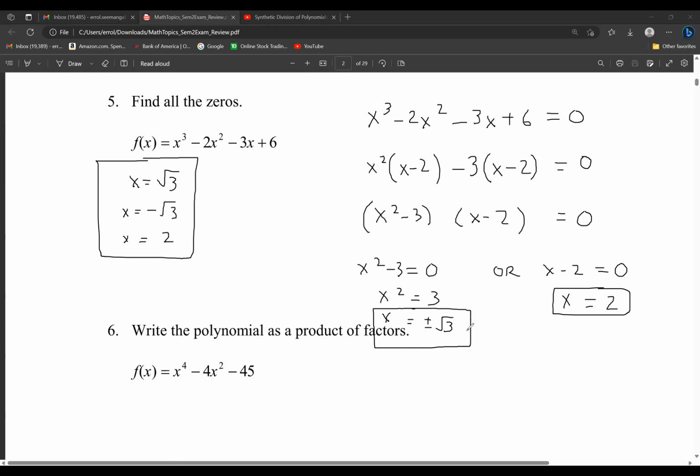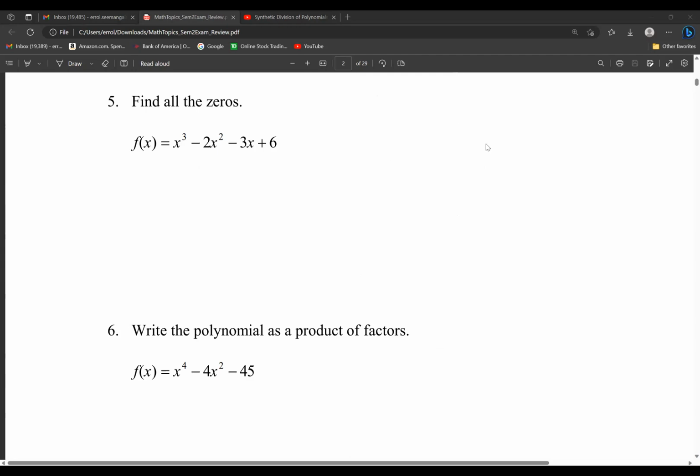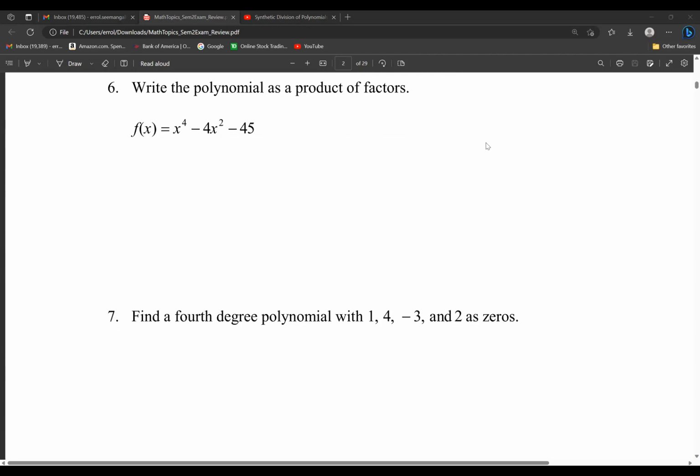All right, 6, write the polynomial as a product of factors. As a product of factors. Okay, so let me erase this one. Similar idea, it's related to the question we just did.